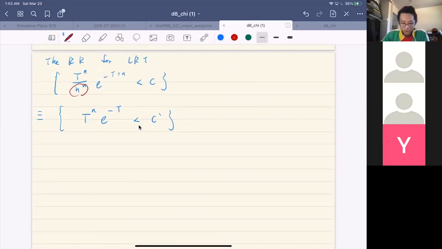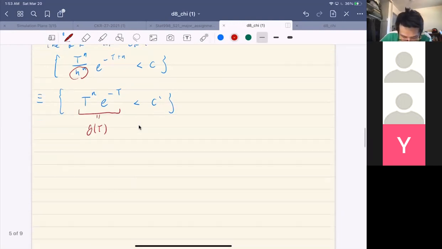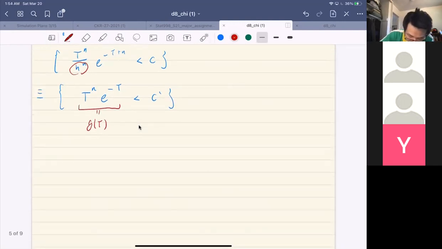So this is a function of t, and we want to analyze this function. The way we know is to find the derivative of this. Before we do that, let's look at this.